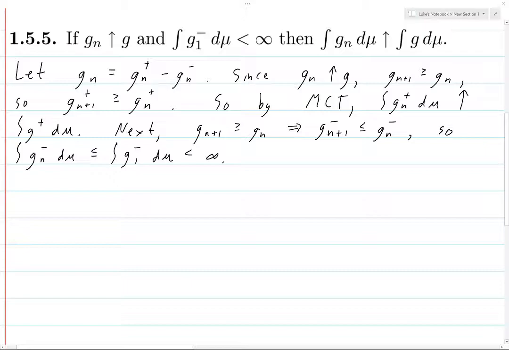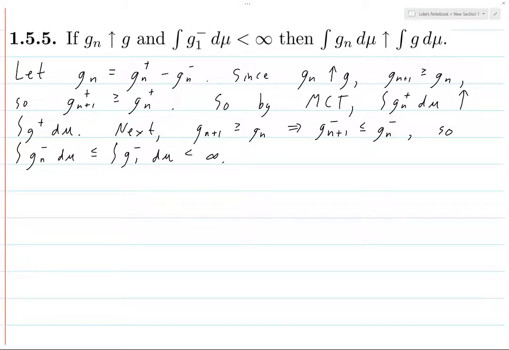Okay, so we have a sequence of functions, gn minus. They converge pointwise to a function g minus. And all of these functions in the sequence, their integrals are bounded by the integral of g1 minus, which is finite.